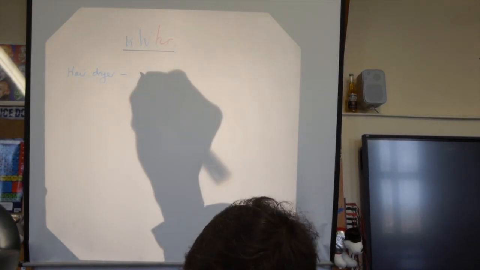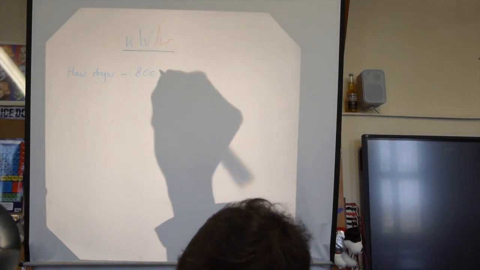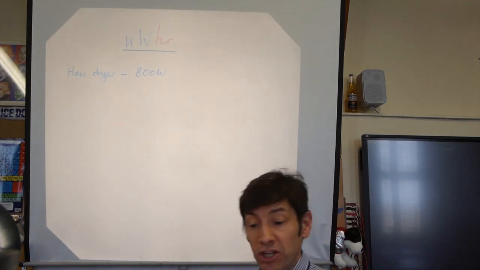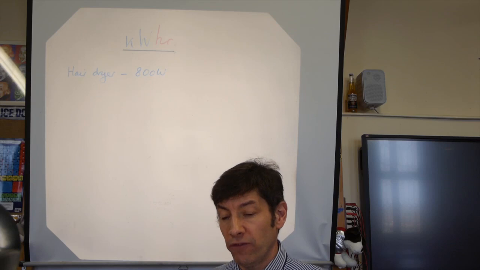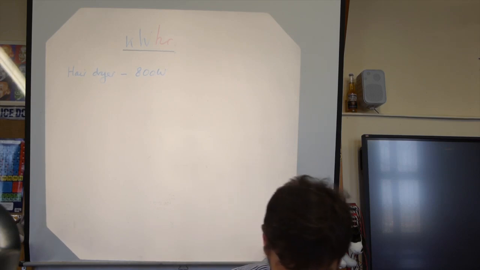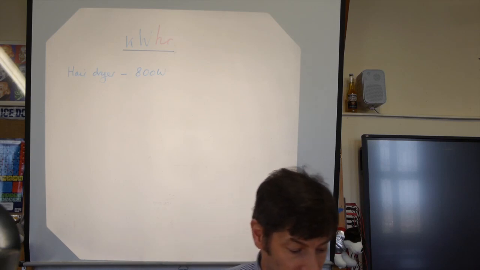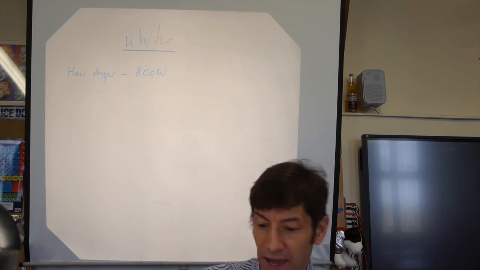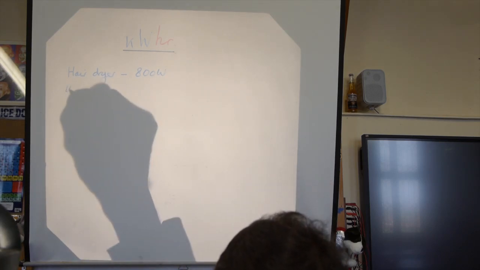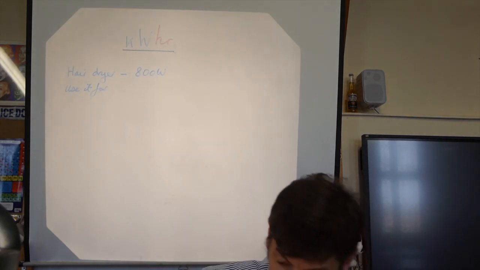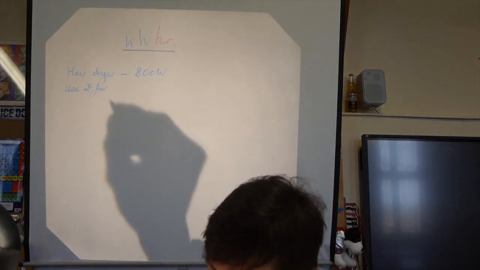Let's say the hairdryer is 800 watts, named after James Watt, steam engine guy. In other words, it's giving off 800 joules a second when you switch it on. And maybe over the period of a few days, you use it for, shall we say, 30 minutes?